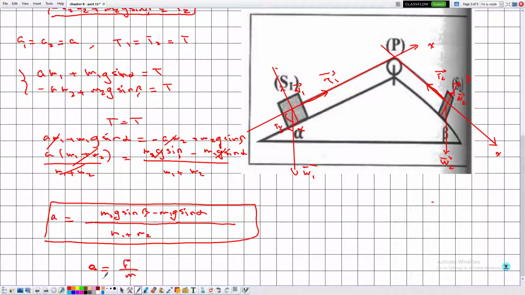Mass is always an additive quantity, we do not subtract mass, and for this reason the acceleration will be divided by the total mass. But we know that forces are additive in the sense that we add the forces, but we need to consider that force is a vector quantity in which there is a plus or a minus sign involved.